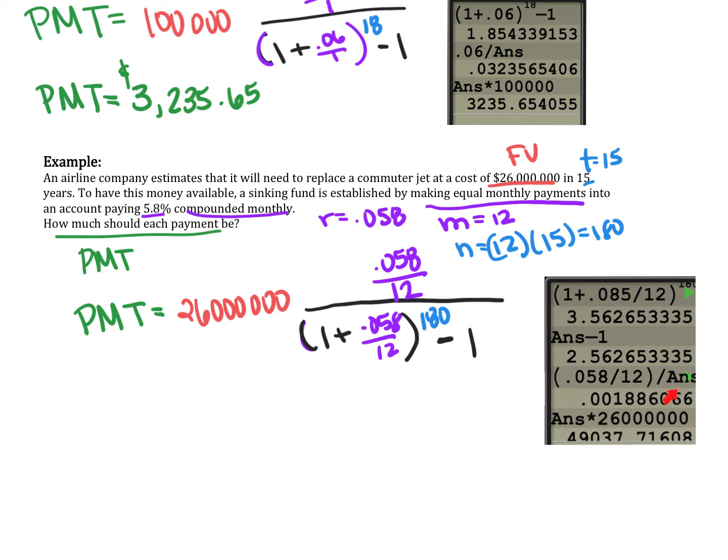That gave me this number, and then I multiplied that by 26 million. When I multiply that by 26 million, I get a monthly payment equal to $49,037.72.